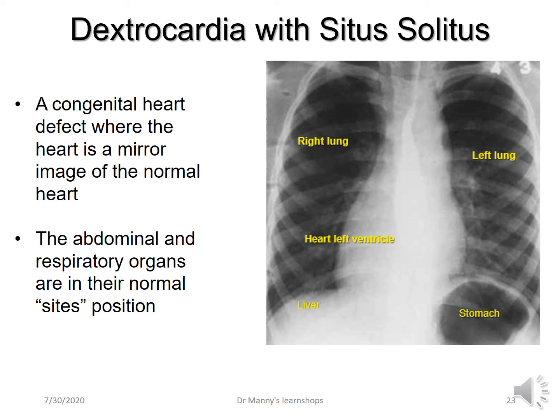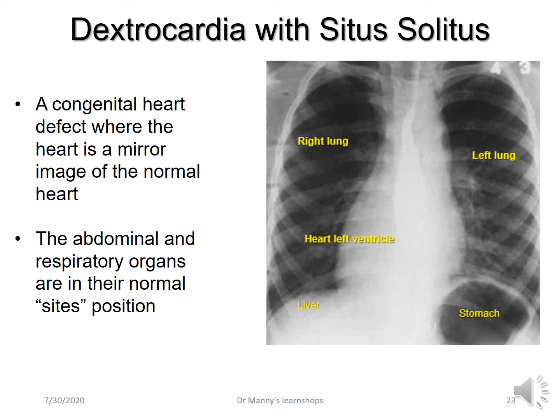The stomach you can identify by the gas bubble, the liver by the whiteness. Right and left lung are normal. With further investigation, they would probably do an echocardiogram, a lung scan, etc.